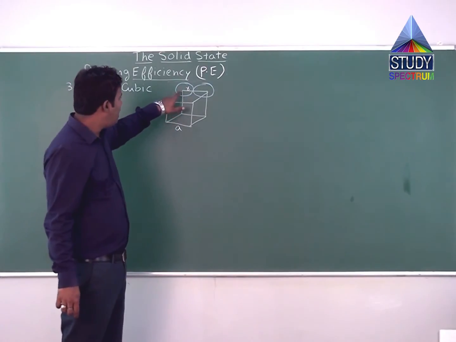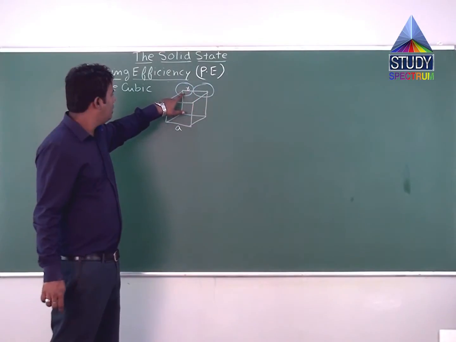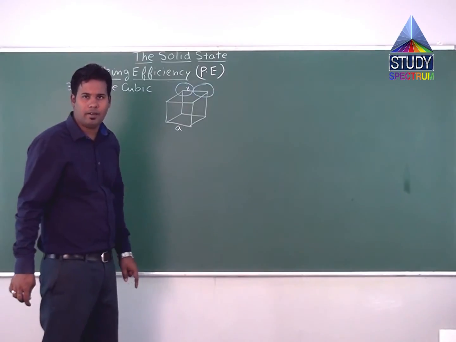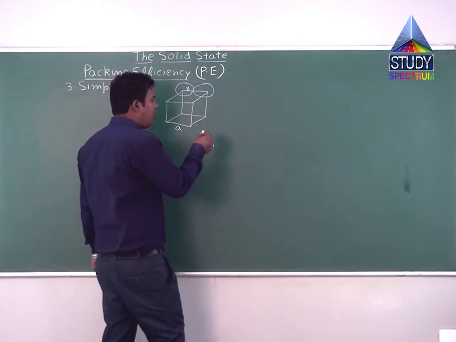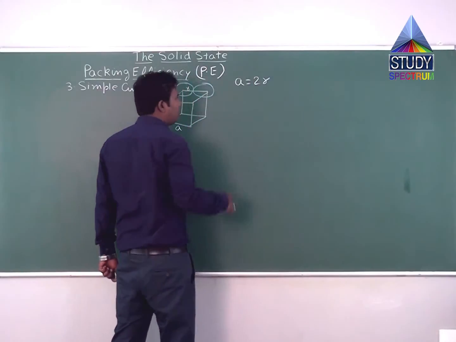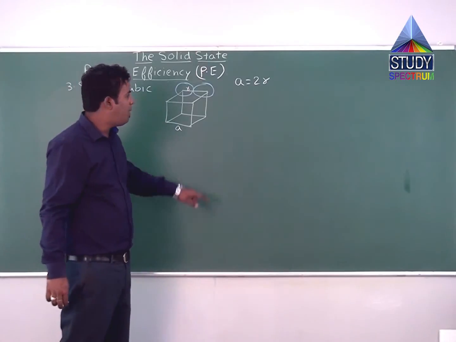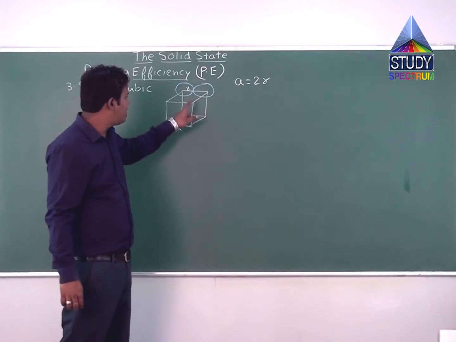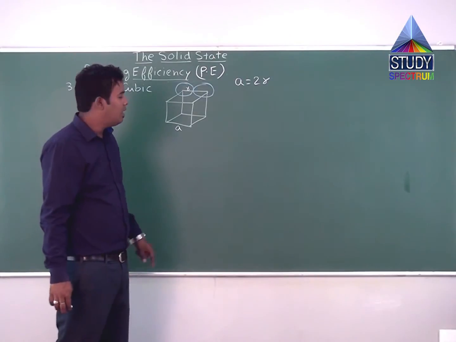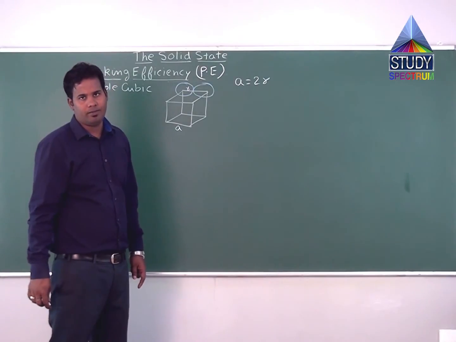Each corner is the center of the corresponding sphere. It means directly we can say that a is equal to 2r. Why? Because this edge length is formed by joining the centers of two adjacent spheres touching each other. That means this edge length is simply r plus r, or 2r.